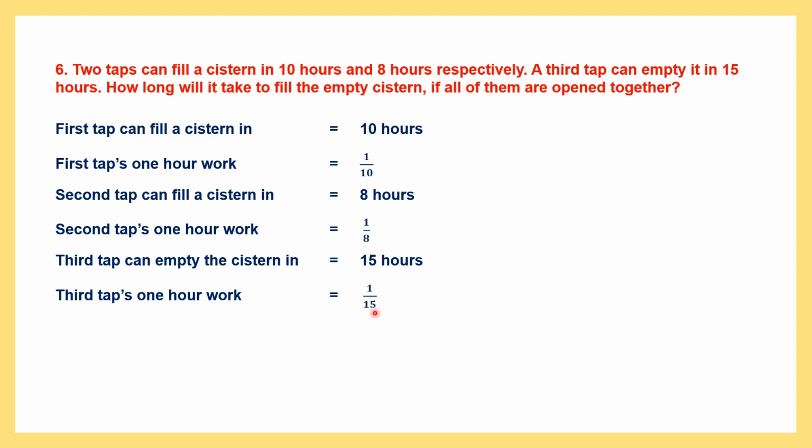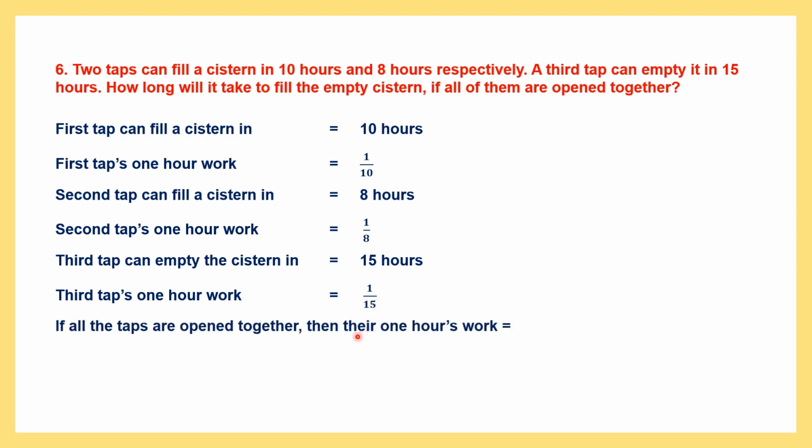Now what are they asking us? How long will it take to fill the empty cistern if they're all open together? So here we have to add up the first tap's work and the second tap's work because they are filling the cistern, and from that we have to subtract the third tap's work because it is emptying the cistern.